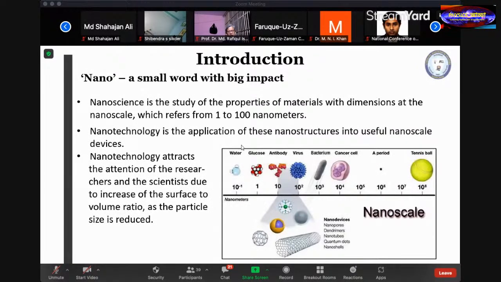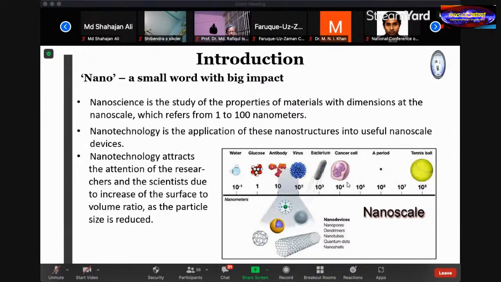Properties of materials with dimensions at the nanoscale, which refers to 1 to 100 nanometers. So nanotechnology is the application of this nanostructure into useful nanoscale devices.